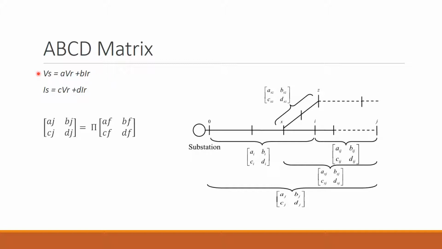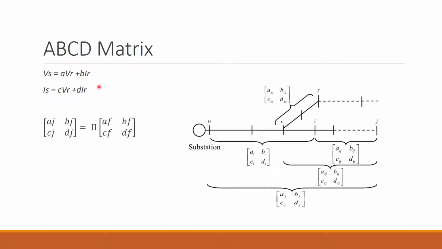But basically, we're going to have two equations, which are Vs and Is. Vs and Is, voltage sent and current sent, are going to equal A, VR, where the R stands for receive. So basically our voltage sent is going to be equal to the A coefficient multiplied by the voltage received plus the B coefficient multiplied by the current received.